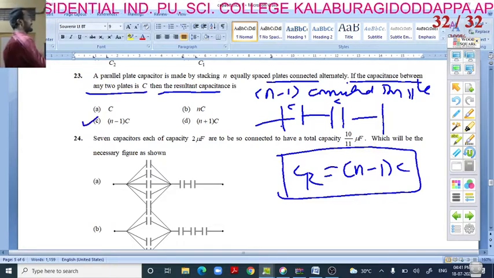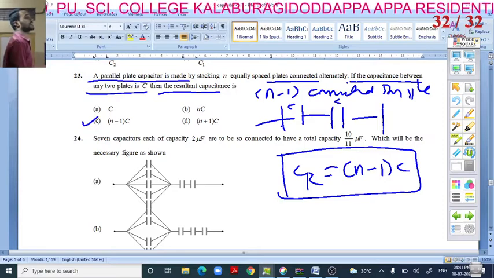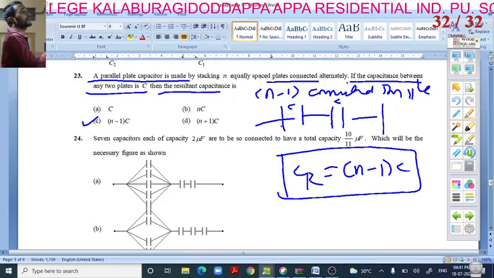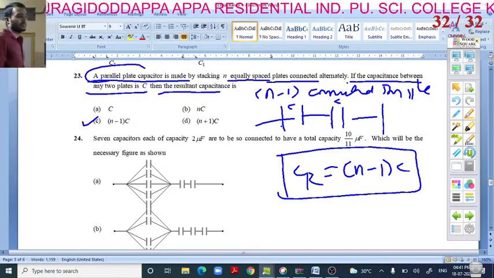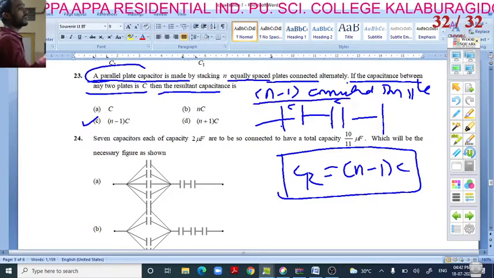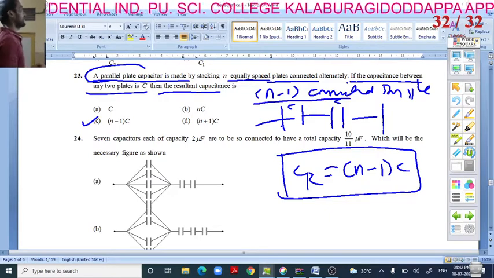right? You concentrate here. A parallel plate capacitor is made by stacking n number of equally spaced plates, so it is parallel. So n minus 1 capacitors are connected in parallel here.